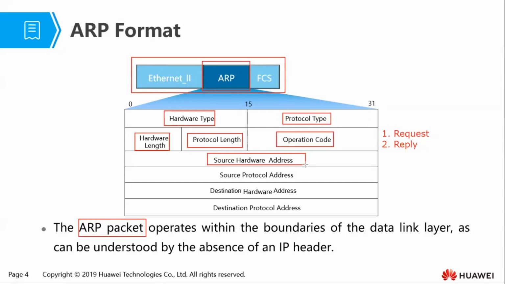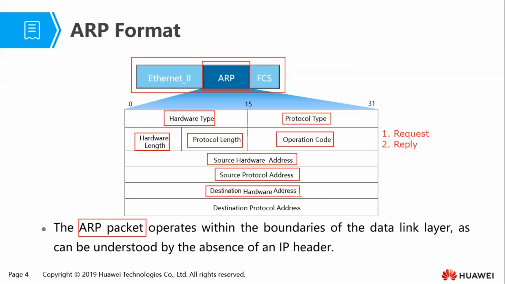Then you have the source MAC address. So this is the MAC address of host A. For example, if we are talking in regard to host A and host B, and host A wants to learn the MAC address of host B. So source hardware address is the MAC address of host A. Source protocol address is the IP address of host A. Destination hardware address, this is what we want to find out.